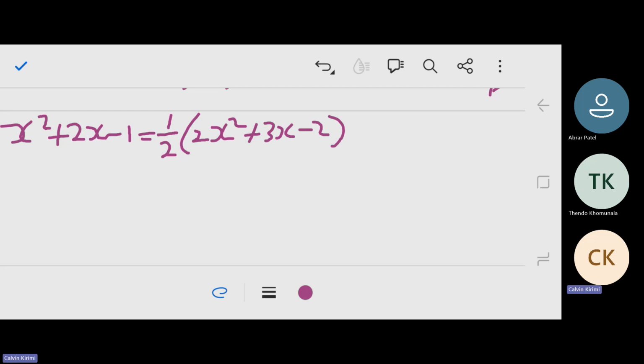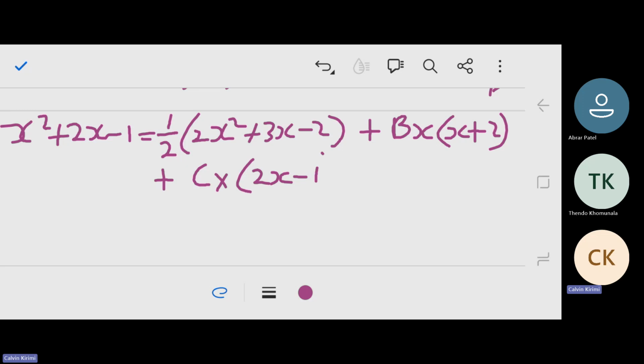Plus Bx, bracket x plus 2, plus Cx, bracket 2x minus 1, like that. So this is our term which we are having.